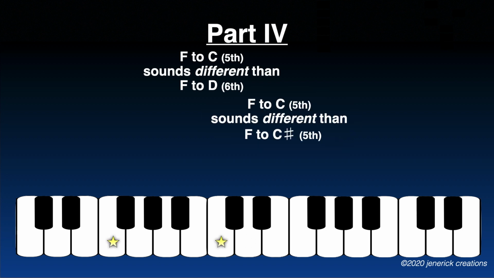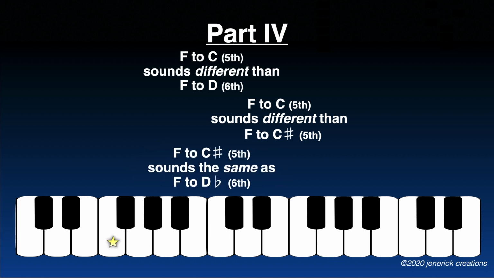F to C, the fifth, sounds different than F to C sharp, which is also a fifth. And finally, F to C sharp, an interval of a fifth, sounds the same as this interval of a sixth, F to D flat.